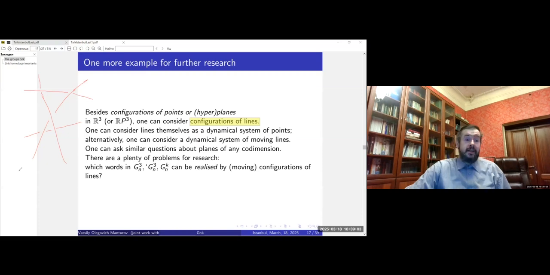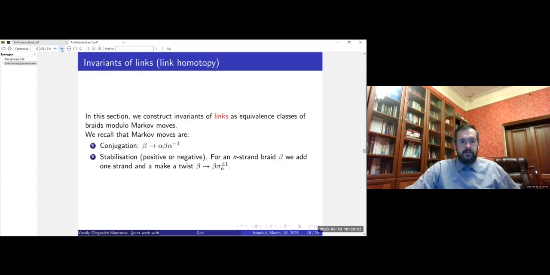And so I can consider those lines up to isotopy. Or I can consider any quasi-line as a motion of points. I can do it in space or in the projective space. And of course, you can imagine the same thing in higher dimensions. So you can formulate lots of problems, and this is a new direction of research.